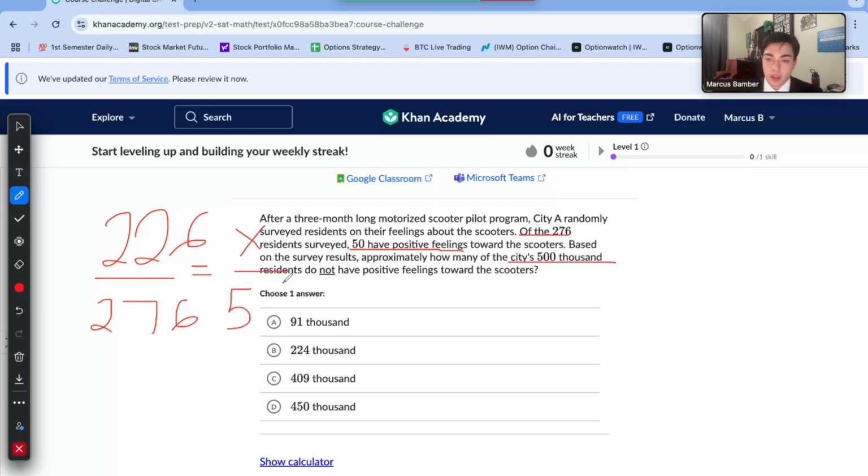We're just going to pretend all these numbers are thousands. We would have hypothetically multiplied these two terms by 1,000, and have this equal to 500,000. This would all be equivalent because those zeros just cancel out. So to make it easier, we're just going to pretend that everything is in the thousands. We're going to multiply 226 by 500 and then divide that answer by 276.